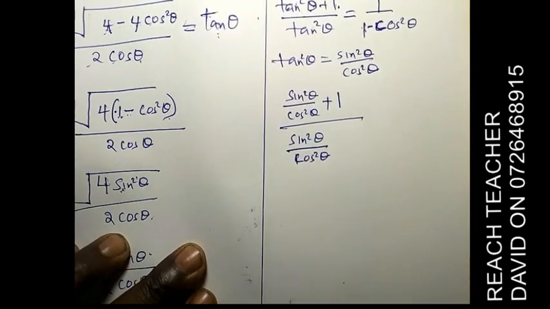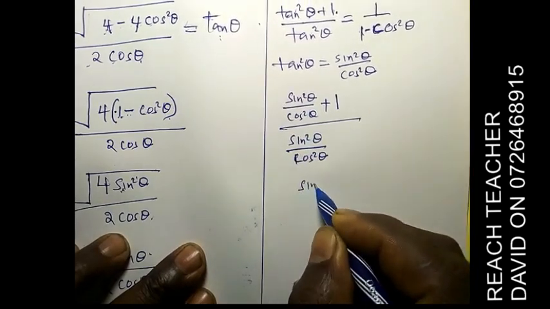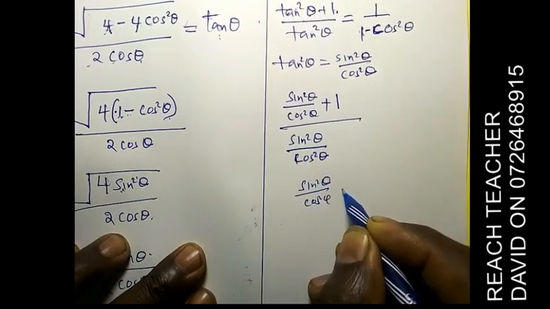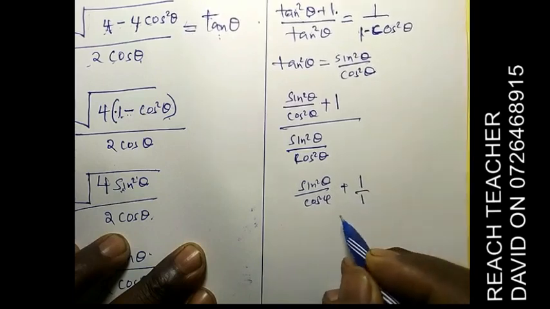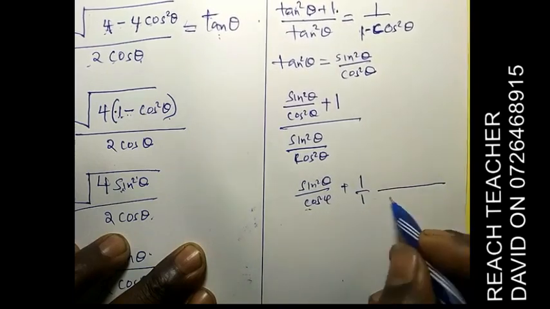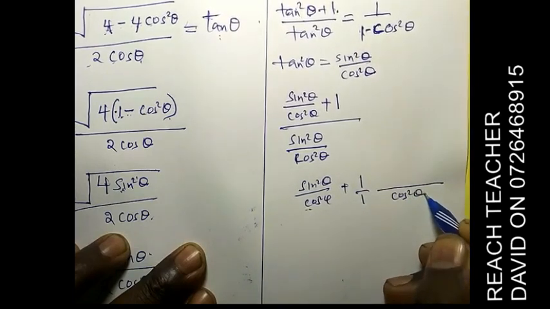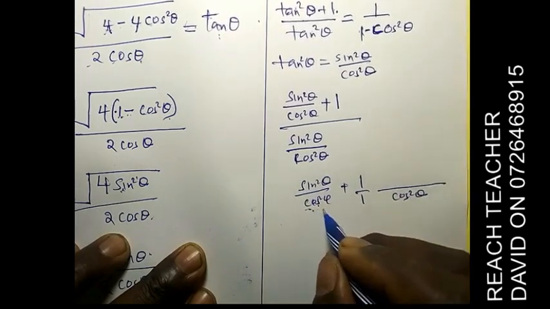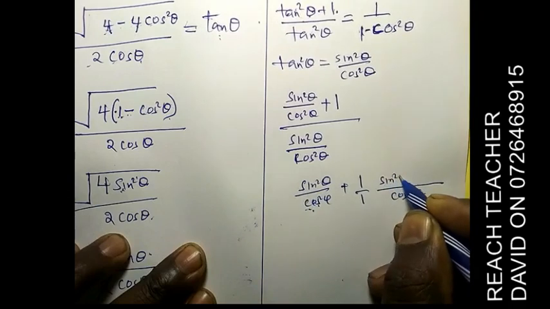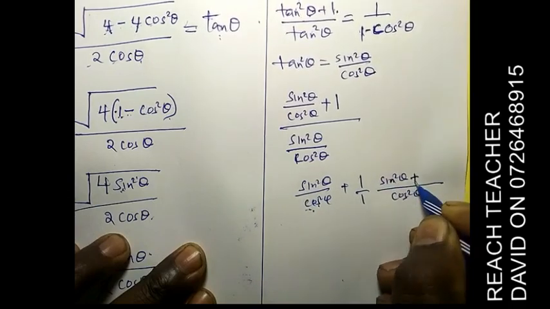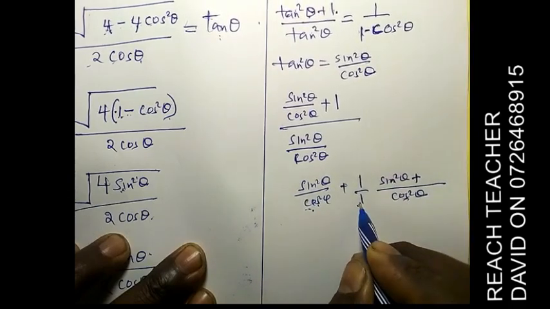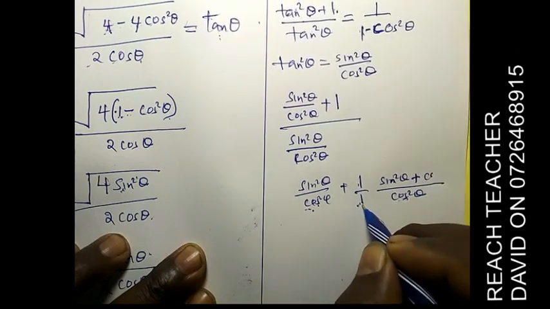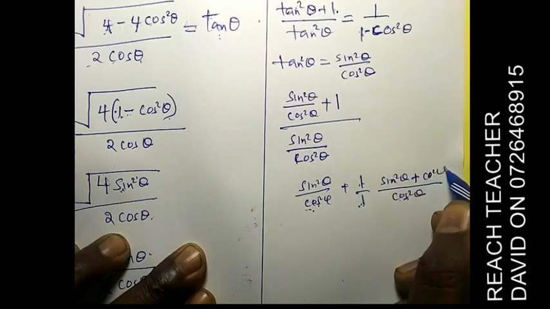Now, sine square theta divided by cos square theta plus 1, put it over 1, find the LCM. LCM is cos square theta. Here, cos square theta goes once, so 1 times sine square theta, plus cos square goes here once, 1 times 1, cos square times 1 is cos square theta.